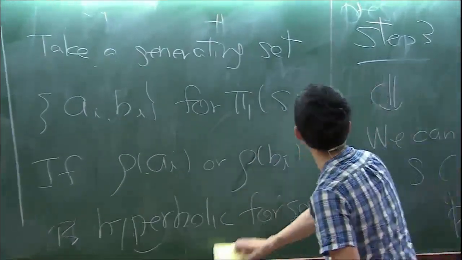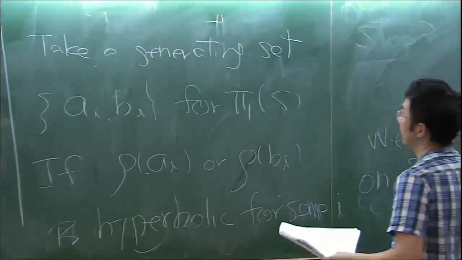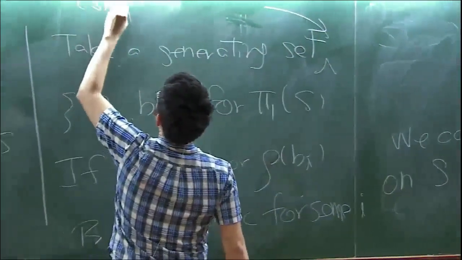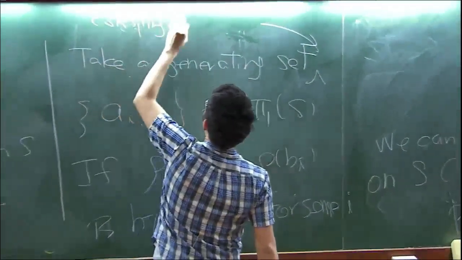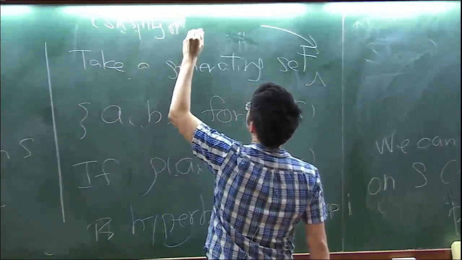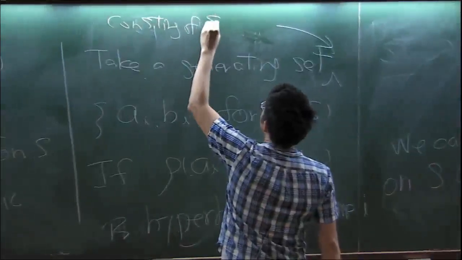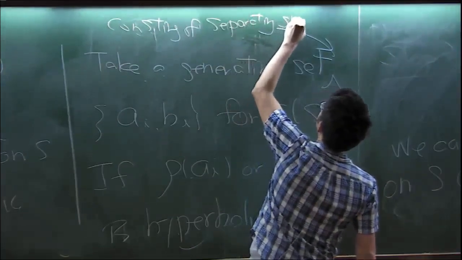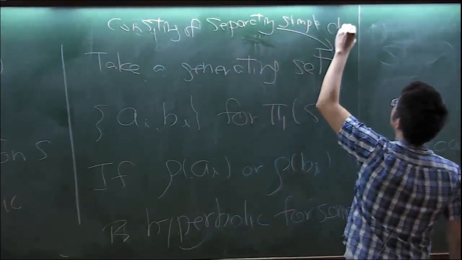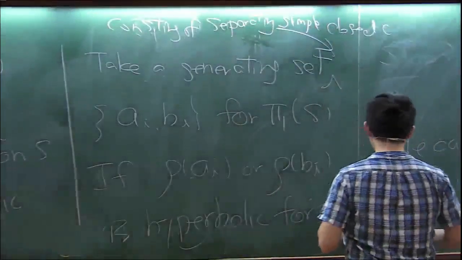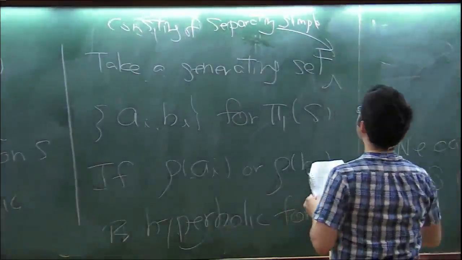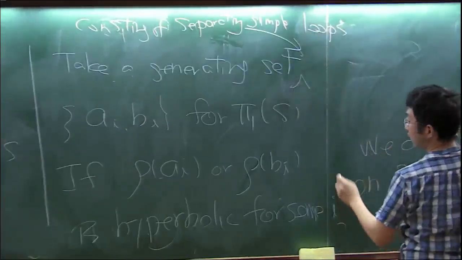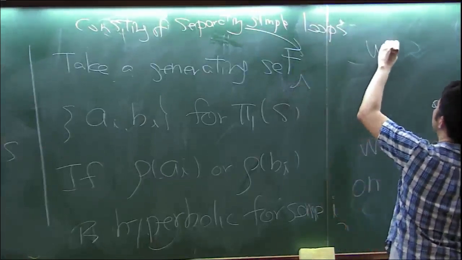We just need to find one loop that goes to a hyperbolic element. So the generating set consisting of separating, simple loops, we are done.